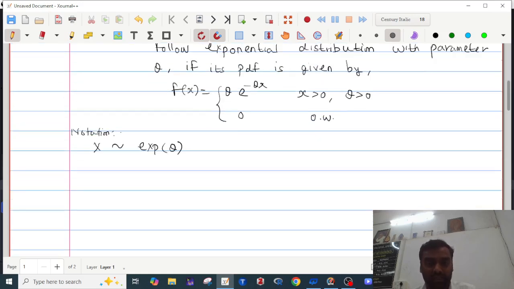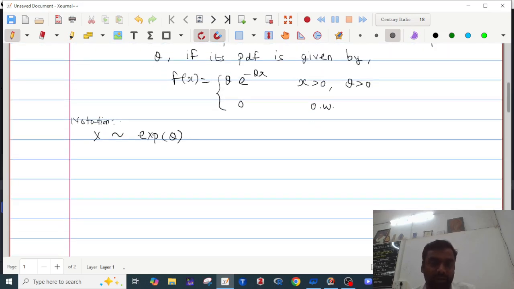There is one more form in which we can write this PDF: f(x) equals 1 upon theta into e to the minus 1 upon theta into x. We will derive all the expressions for the PDF theta into e to minus theta x only.